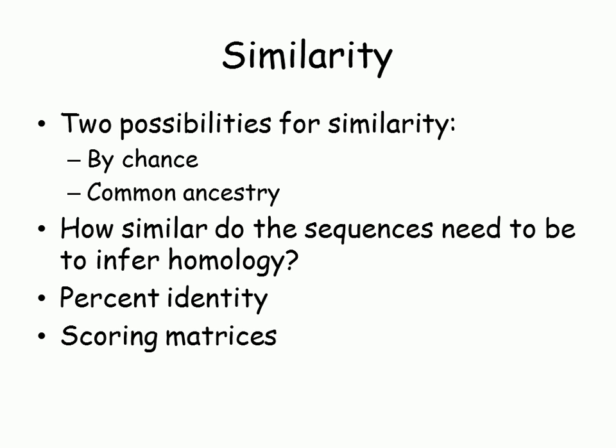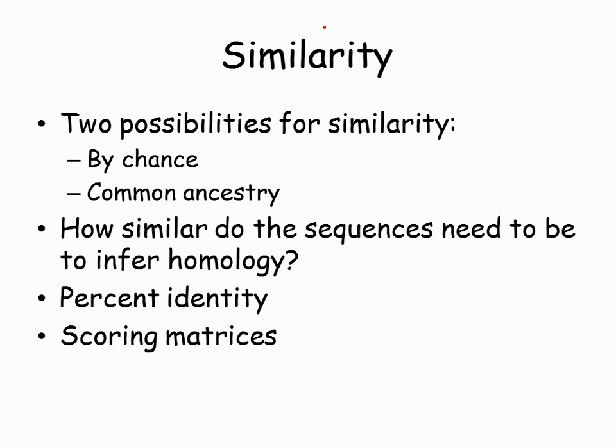So it could be because of divergent evolution, where the same sequence gave rise to the two sequences that you are comparing. So the question is, when you look at two sequences, how similar do they have to be for you to claim that they are homologous, or to claim that they share the same ancestry, that their similarity is not just by chance?